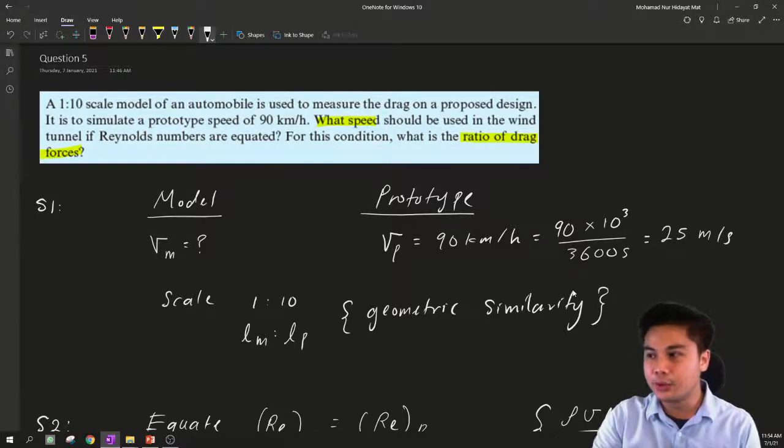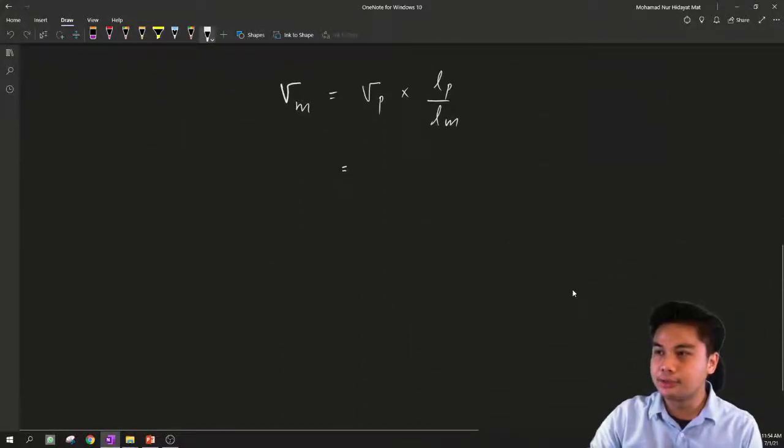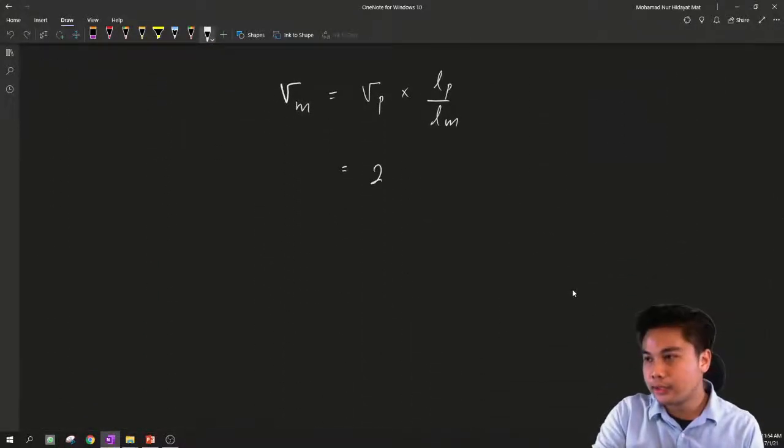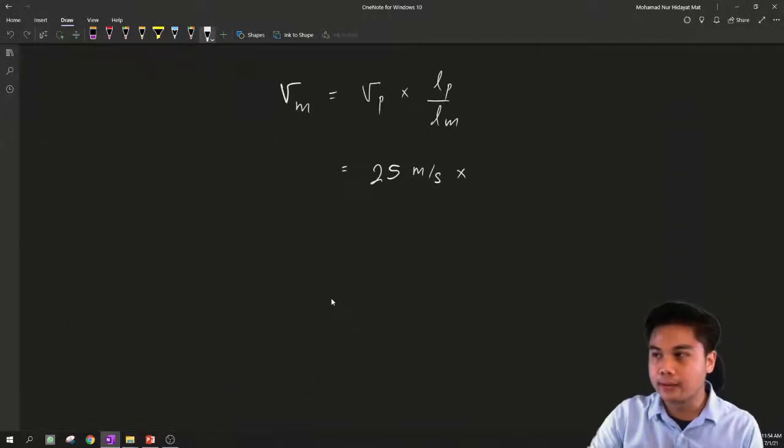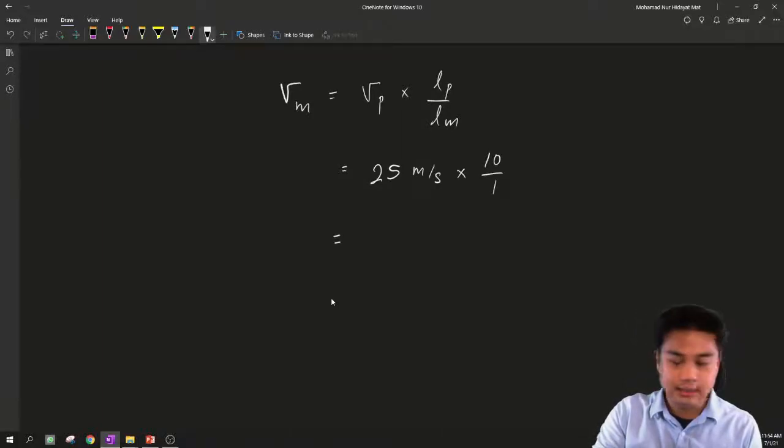This is the SI unit for the prototype velocity. Just substitute: 25 meters per second multiplied by Lp over Lm, where Lp is 10 and Lm is 1. So 10 divided by 1, and the final answer is 250 meters per second.